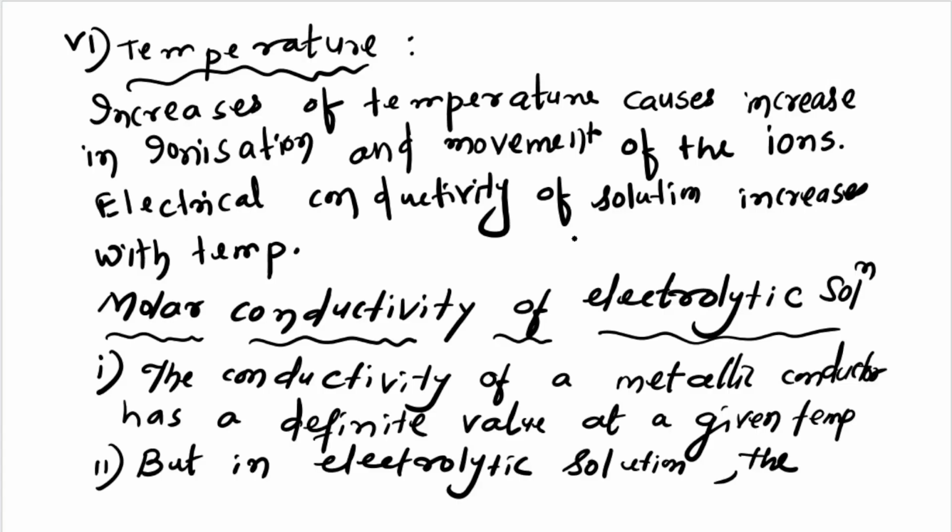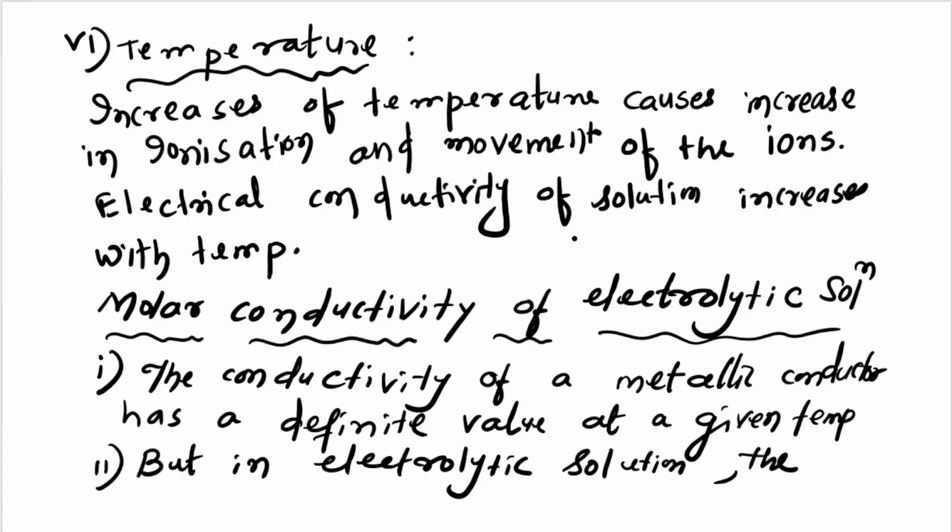Here, see only what happens if temperature increases: ionization and ionic movement increase. So the electroconductivity of the solution increases with temperature. Sometimes in practical experiments it is observed that by increasing the temperature, ionization and movement of ions increase, so electrical conductivity increases.